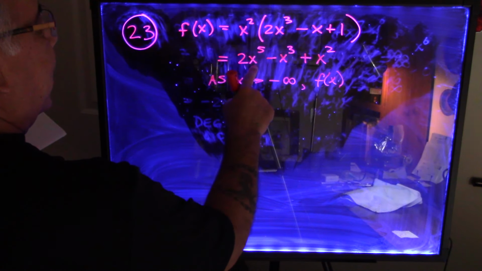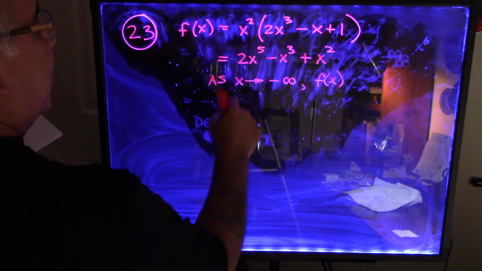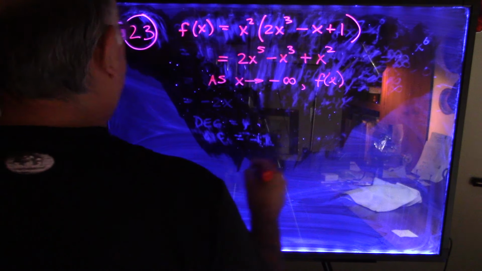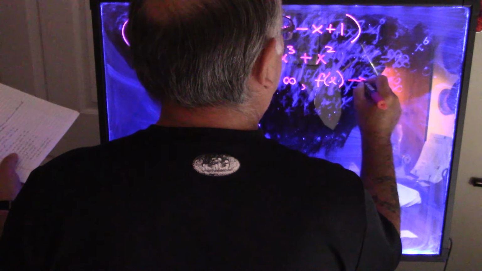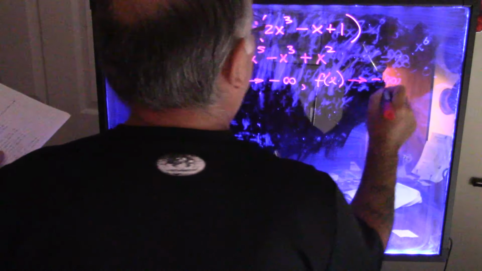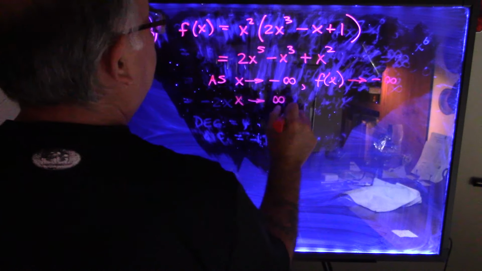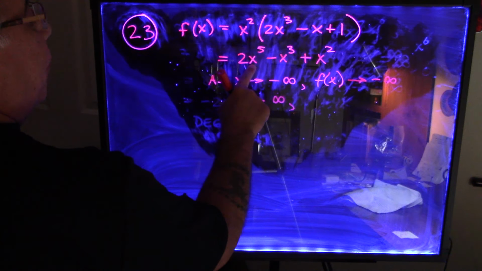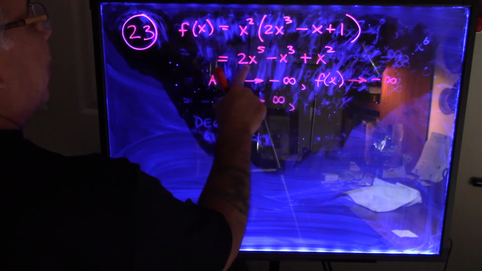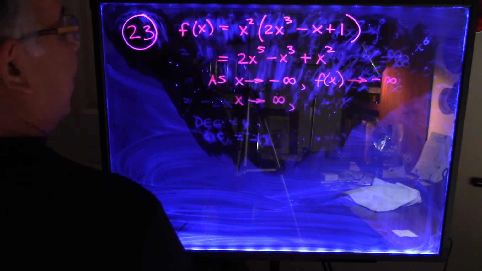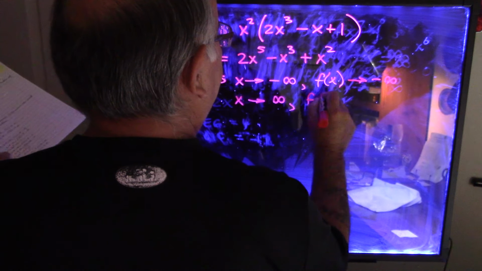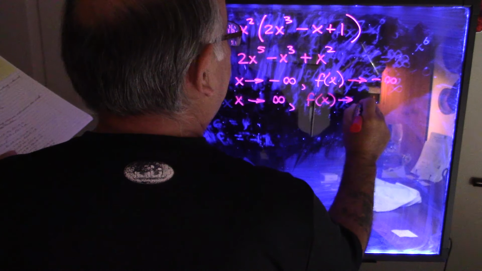So a negative times positive 2 will still be negative. So f of x goes to negative infinity. And as x goes to positive infinity, that's positive. Raise it to the fifth power, it's still positive, and multiply it by positive 2, it's still positive. So f of x goes to positive infinity.